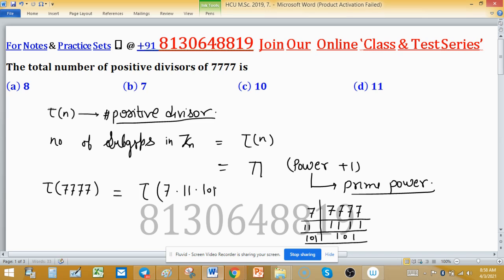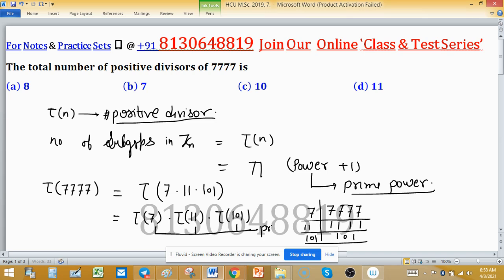If these are prime, then tau distributes. So this is tau 7, tau 11, and tau 101; these are primes: 11, 7 and 101.